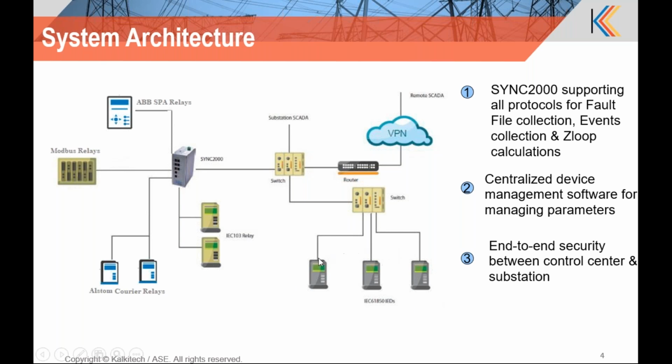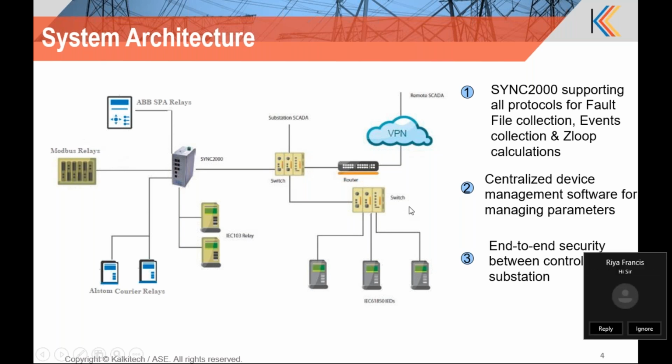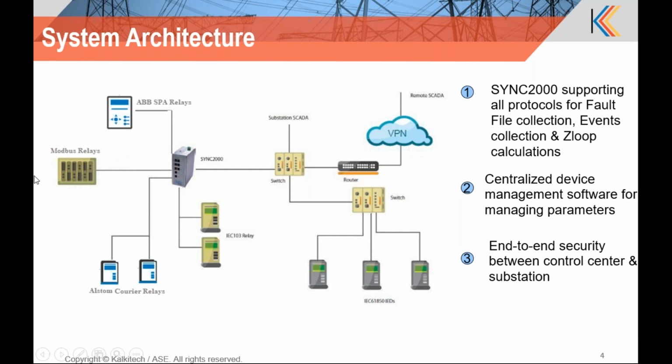Now there are new substations with multiple 61850 IEDs, and there will be existing IEDs with vendor relays, like Alstom or Areva, which have relays supporting the Courier protocol. ABB has ABB SPA relays, and there are multiple Modbus implementations in the network. So there can be multiple relays available in the network.